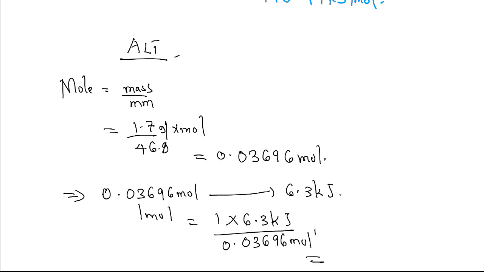That eventually gives, that is 6.3 divided by that, we're getting 170.47 kilojoule per mole. So we have two options that we can use to calculate the same.